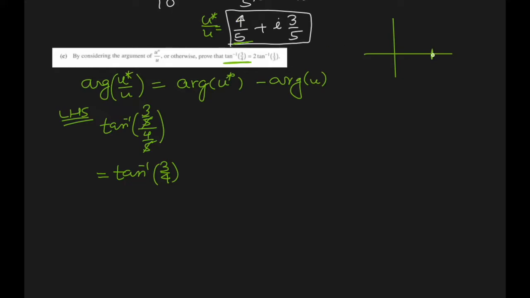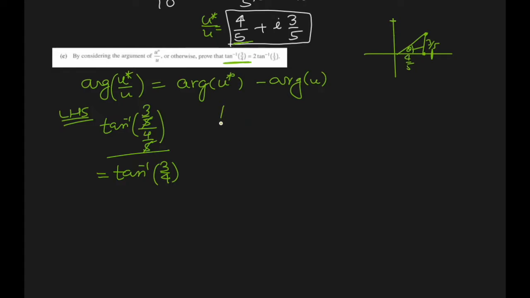Let's say this is 1, so 4/5 will be somewhere here, and the imaginary part is 3/5 positive. So this is 4/5, this is 3/5, and this is the argument, right? So 3/5 divided by 4/5, I've done it directly, because this is the direct formula for the argument of any complex number, tan inverse of the imaginary part divided by the real part.